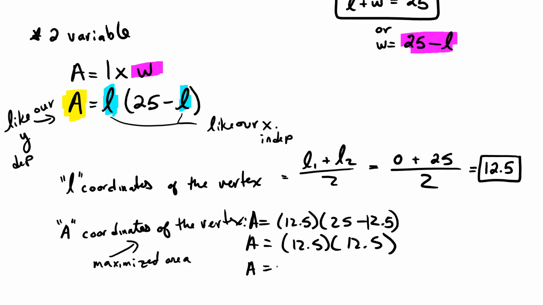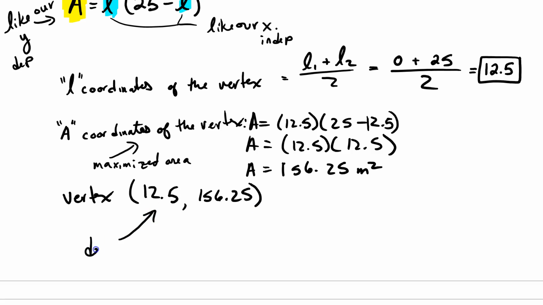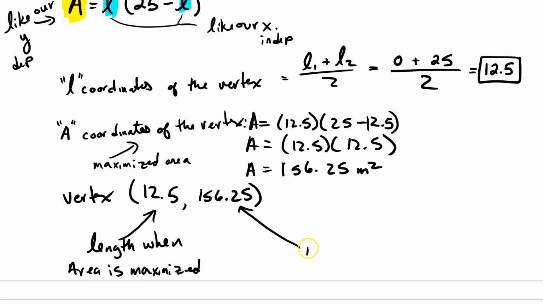So the maximized area is going to be 156.25 meters squared. So our vertex happens at 12.5, comma, 156.25. So this tells us the length when the area is maximized, and this tells us our maximum area.